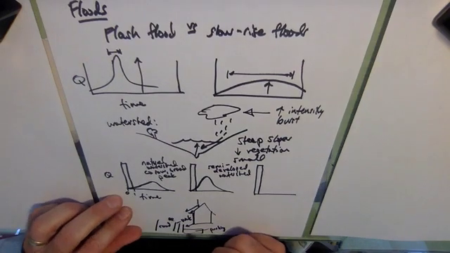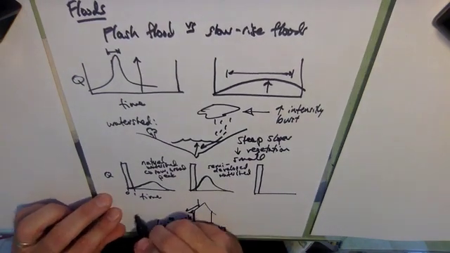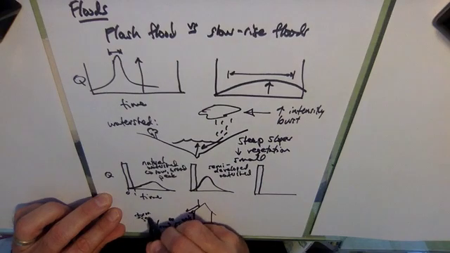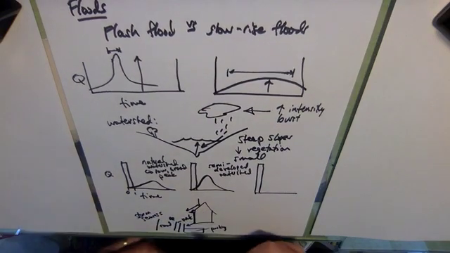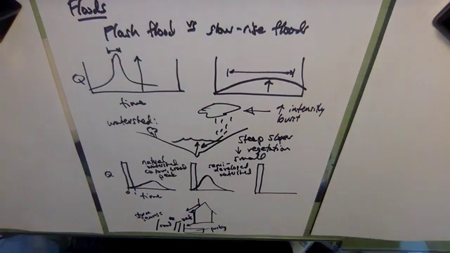If it runs off the sidewalk or the road, it goes into storm sewers, which are underground tunnels designed to take the water from where we don't want it, which is on the land surface, in our homes, in our parking lots, in our yards, and get it out of the system as fast as possible.